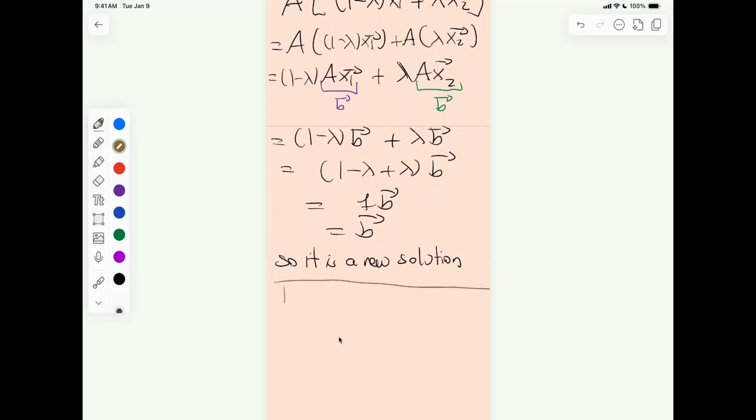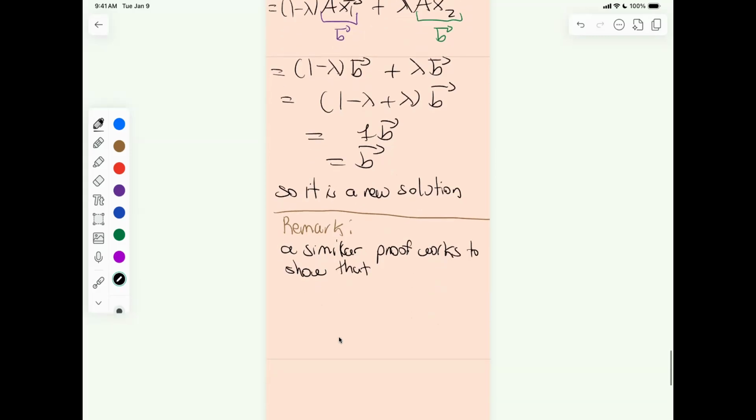So just as a remark, a similar proof works to show that this set is convex. Okay. And this was important.